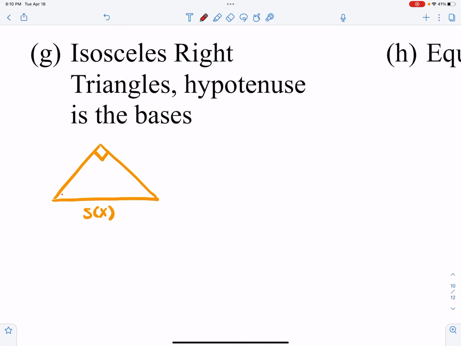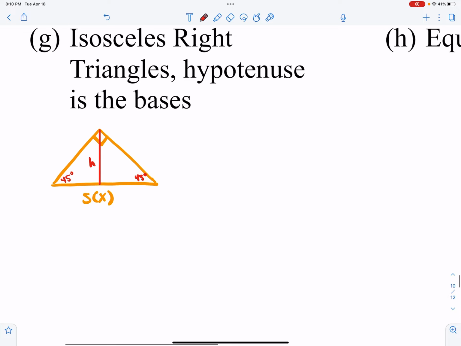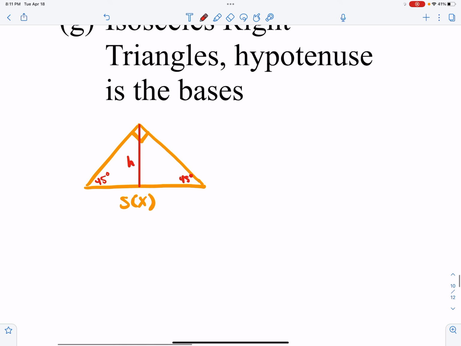But we do know, because this is an isosceles right triangle, that this angle would be 45 degrees, this angle would be 45 degrees. And we need the height in order to determine the area, right? Area equals 1/2 base times height. The base would be s of x. The height we could determine because we're trying to find h.